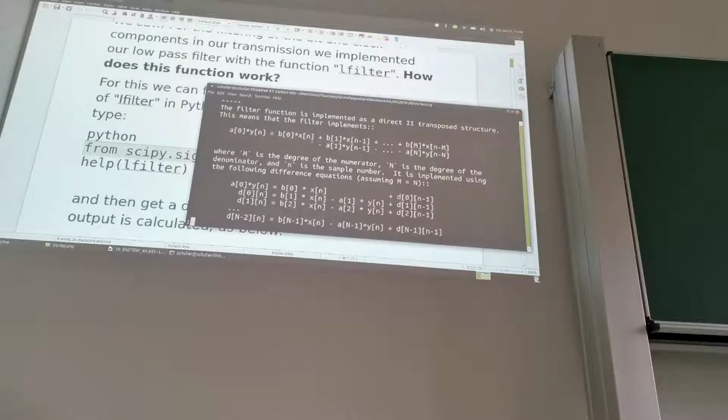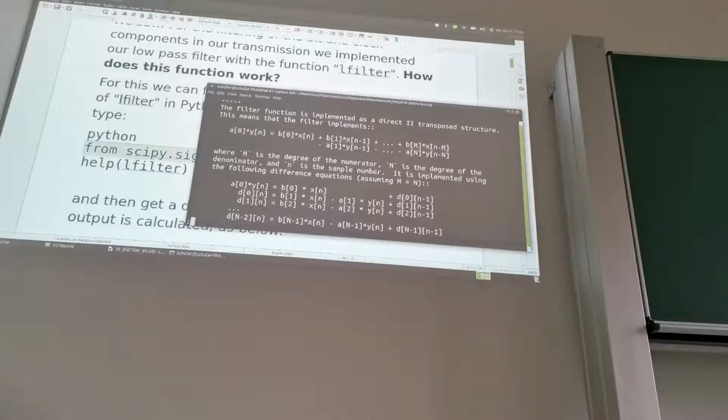It is simply a weighted average of past input samples, where the b's are the weights for the input samples, and the b's can be positive and negative. And it also has as input past output samples weighted with the coefficients a. Remember, b were the numerator coefficients, a were the denominator coefficients. And you can see it goes up to n and m, which are the degrees for the numerator and the denominator.